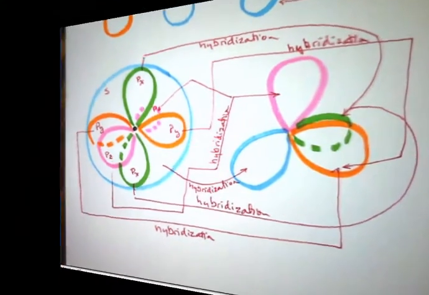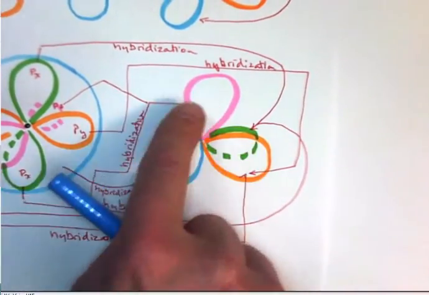orbital there, okay? In the class activity today with balloons, we're going to make models of this sp3 hybrid. We're also going to make models of an sp2 and an sp hybrid set of orbitals with the p orbitals that go along with those.